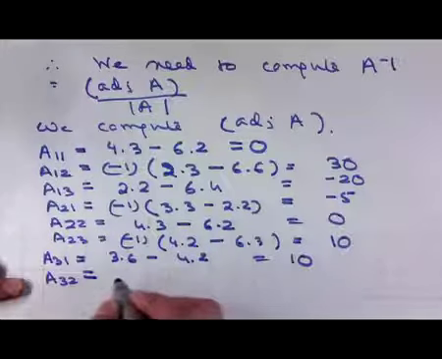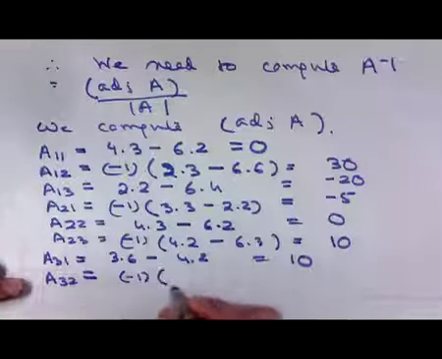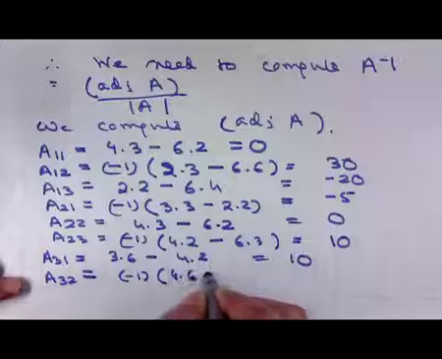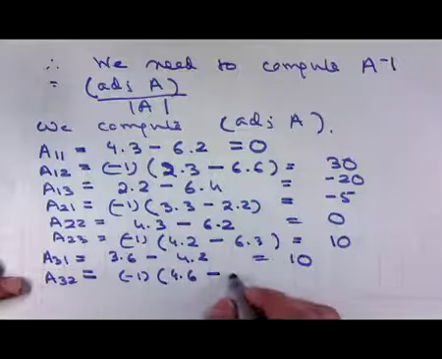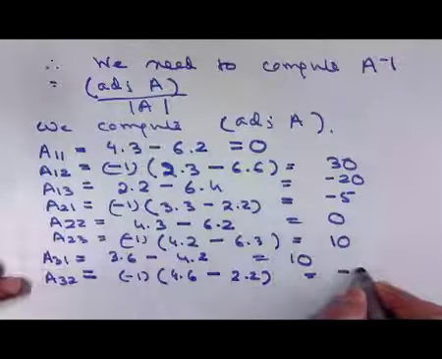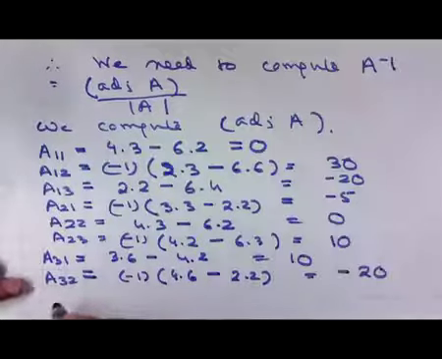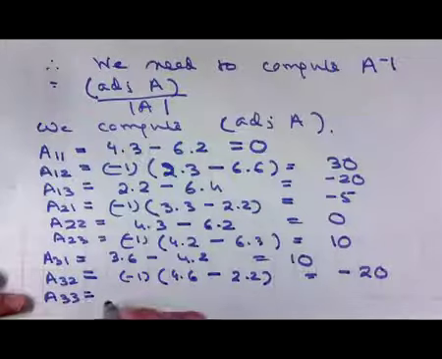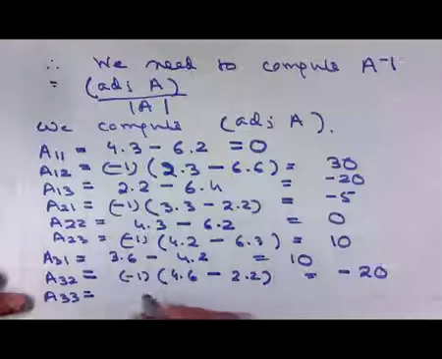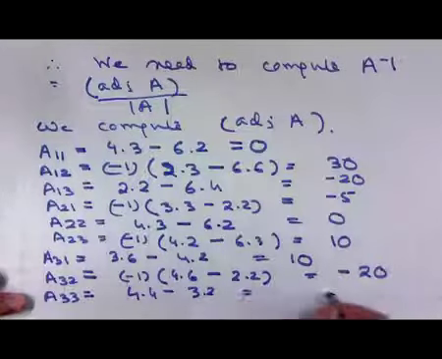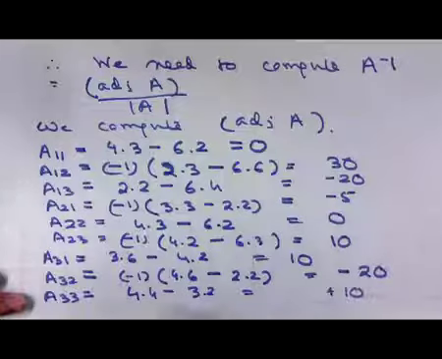A32 is equal to minus 1 into (4 into 6 minus 2 into 2), which is minus 20, and A33 is equal to 4 into 4 minus 3 into 2, which is plus 10.